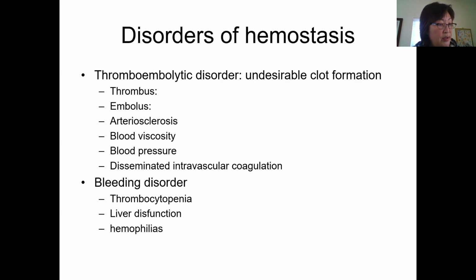Make sure you understand the last 3 parts. The factors involved in the intrinsic and extrinsic pathways before the activation of clotting factor 10, I don't want you to memorize any of that. But after the clotting factor 10 activation till the end to form the clots, these 3 steps I do want you to know, okay? You should know this.